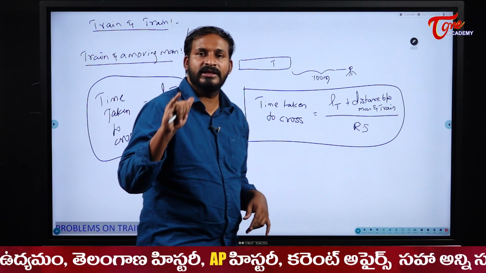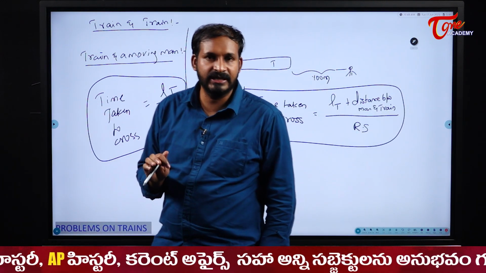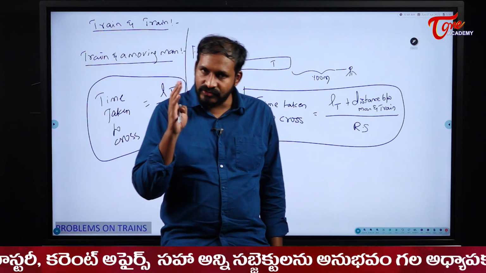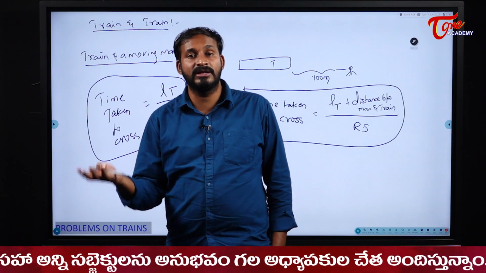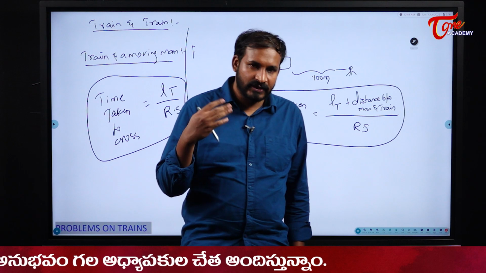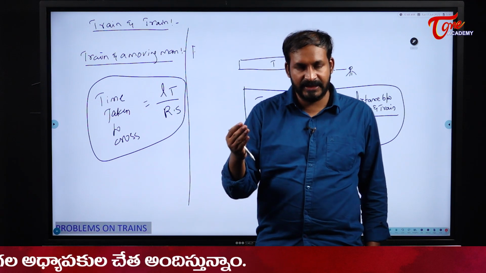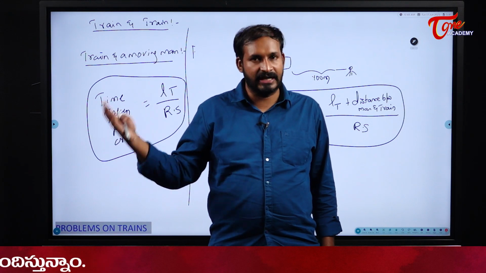So the most important thing is units, especially with speeds, students. Please be careful with speeds here. Why? Because usually the speeds will be given in kmph, and when they ask about the speed also, they will ask it in kmph only. So even if you get the speed in meters per second, when you write your final answer, please convert that into kmph and then write your answer.